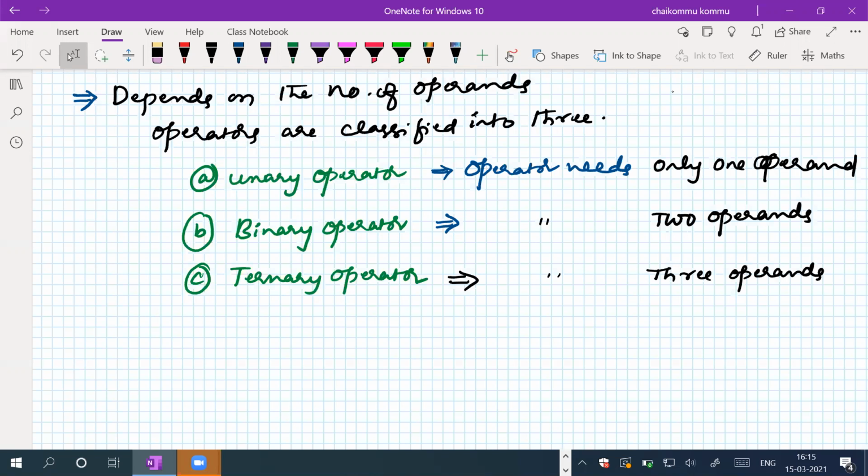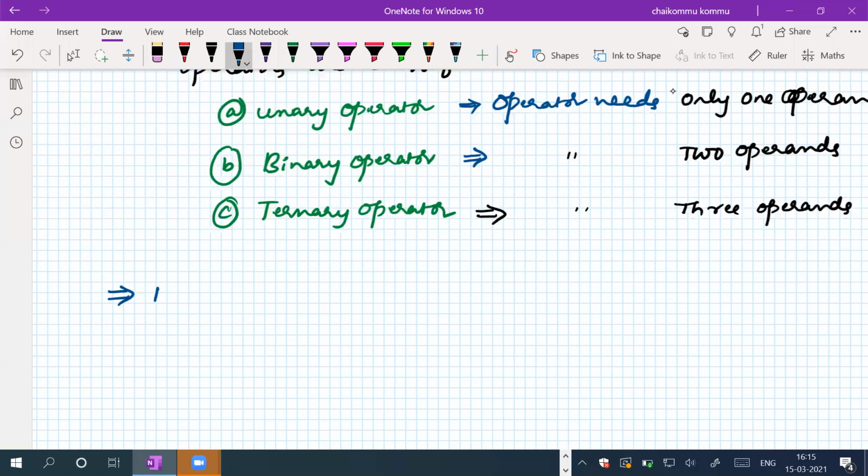So there are different types of operators available in Verilog HDL. Let us see one by one.